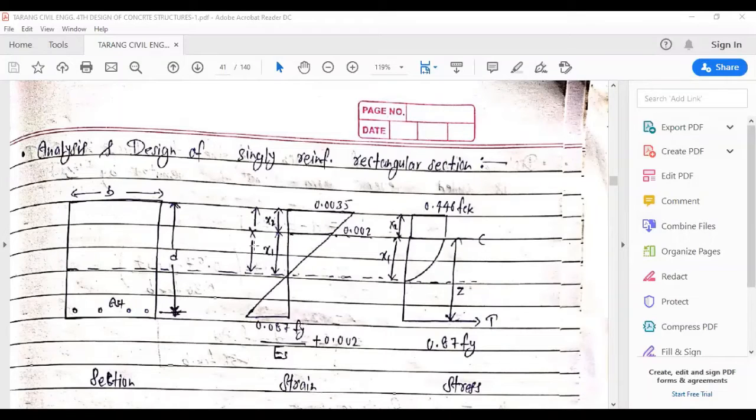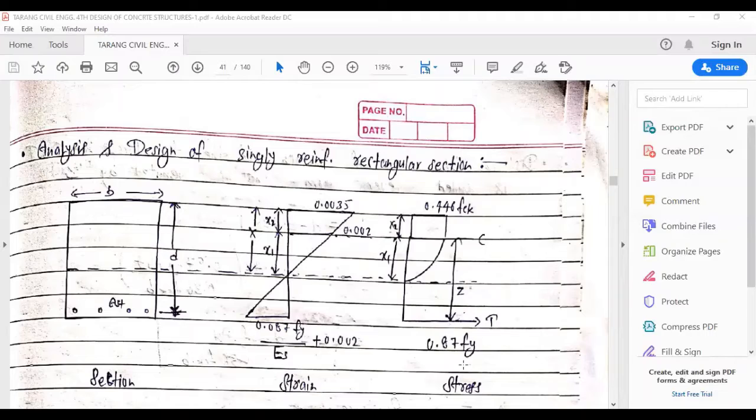This is the overall depth of neutral axis x, and this is at 0.002, the value is x2, and the remnant value, that is x minus x2, is x1, and this is 0.0035, and strain at bottom is 0.87 Fy upon Es plus 0.002.